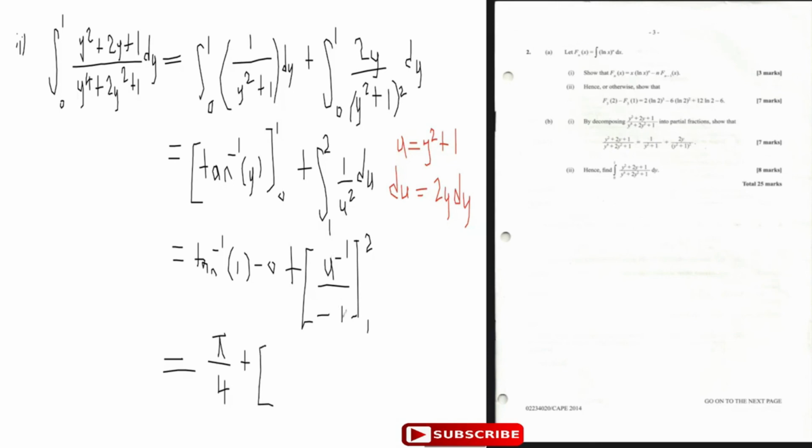When we put in 2, we have 2 to the minus 1. 2 raised to the minus 1 divided by minus 1 is minus a half.